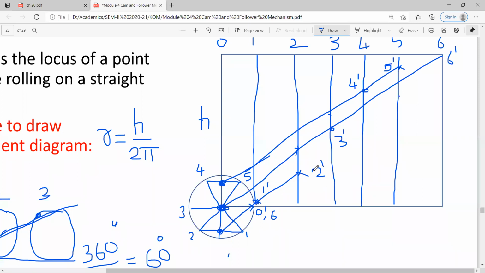After getting 1 dash, 2 dash, 3 dash, 4 dash and 5 dash, you have to draw a line connecting these dash points. This is the 0 point. So from 0 to 1 your curve will go like this: 2 dash, 3 dash, connecting 4 dash, 5 dash and 6 dash.